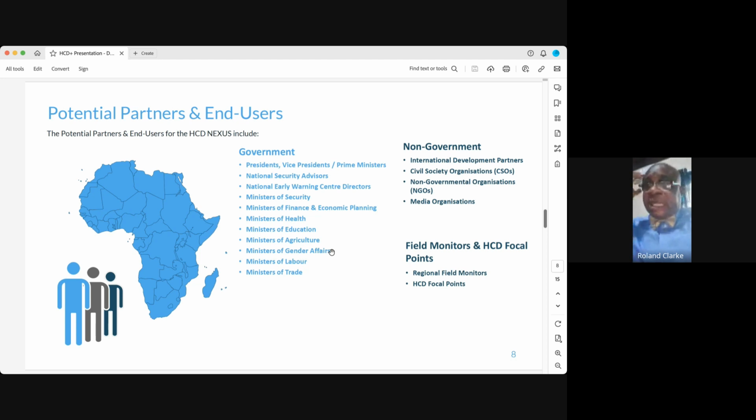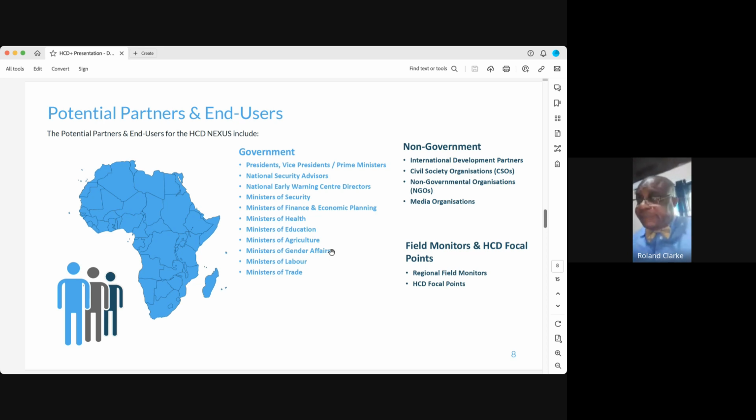Utilizing the data and utilizing the indicators from HCD Plus is very important and will help improve recommendations to implement response mechanisms in areas.